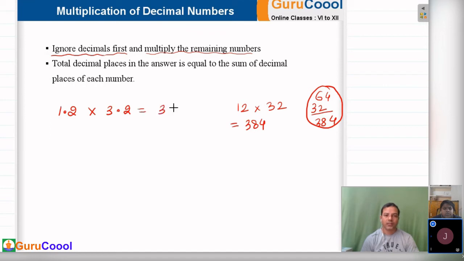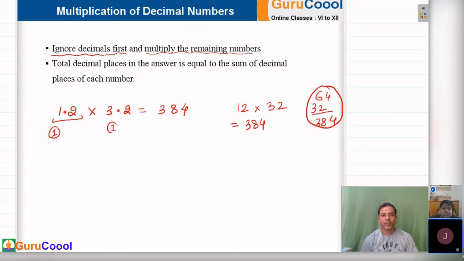I write it here. And what is the next step? The next step says the total decimal places in the answer is equal to the sum of the decimal places of each number. In the first number, this is one decimal place, isn't it? And in the second number again one decimal place.